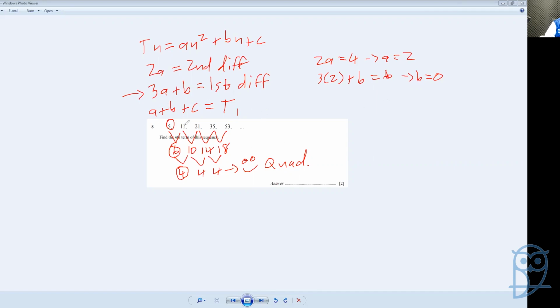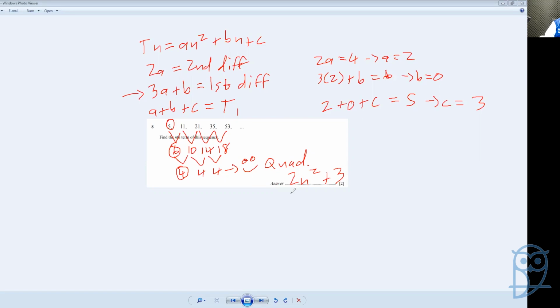Then we have a plus b plus c equals t1. So a is 2, b is 0, plus c equals my first term of 5. So 2 plus what gives me 5? C must be 3. So therefore, my quadratic is 2n squared plus 3.